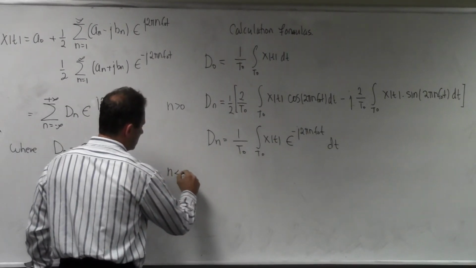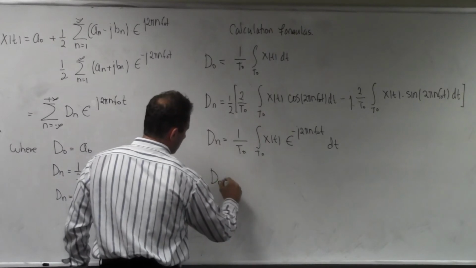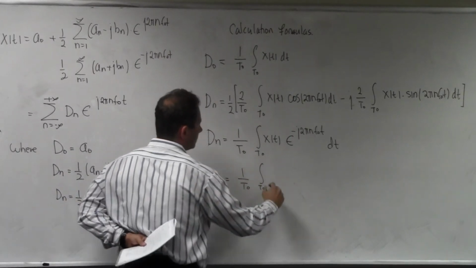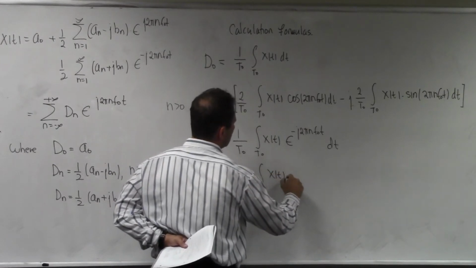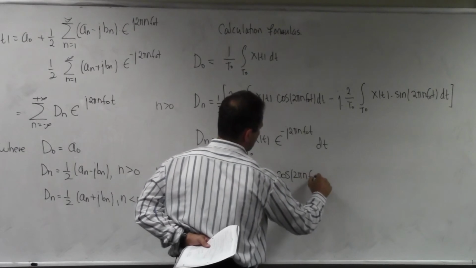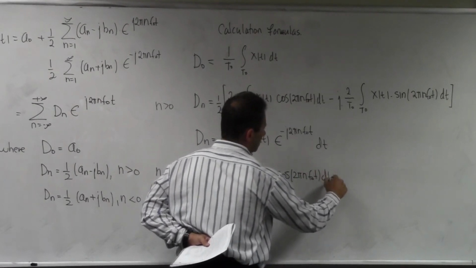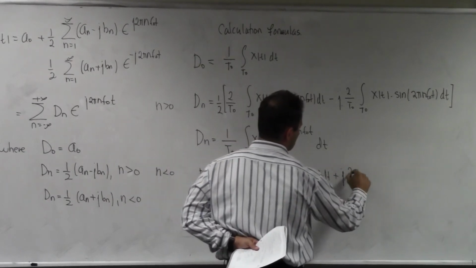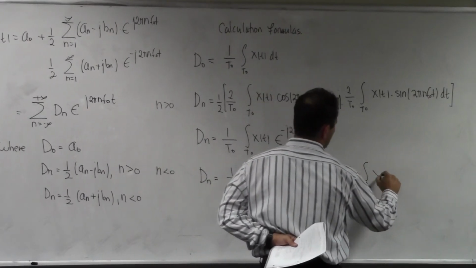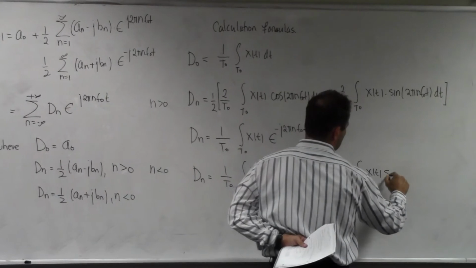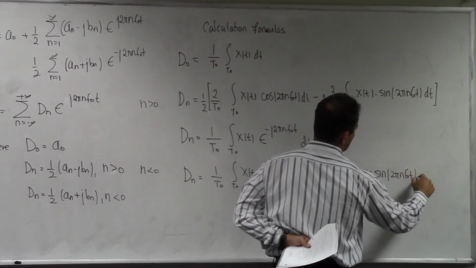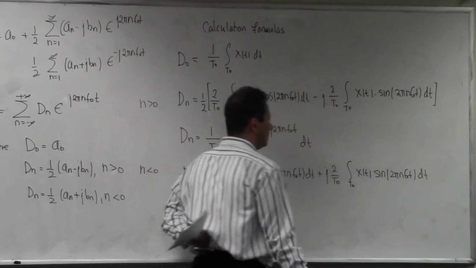For n smaller than 0, dn is 1 over T0, integral over T0, x of t cosine 2 pi n f0 t dt plus j over T0 integral over T0 x of t sine 2 pi n f0 t dt.